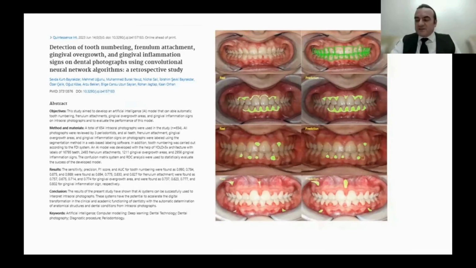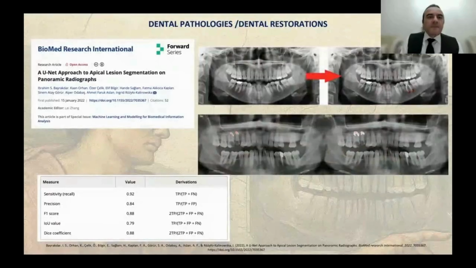Again, it's not just for dental professionals, but also for the patients. If you define these types of pathologies and show them to your patient, they will definitely understand what is going on.